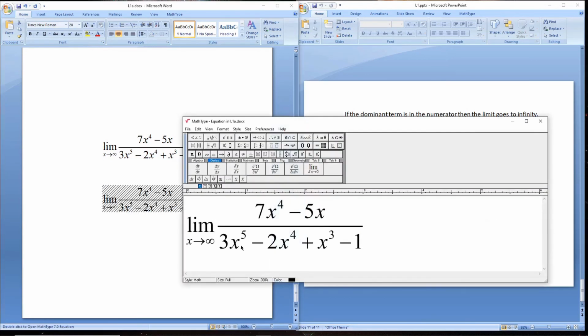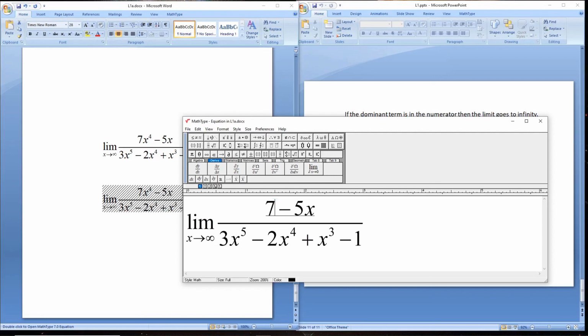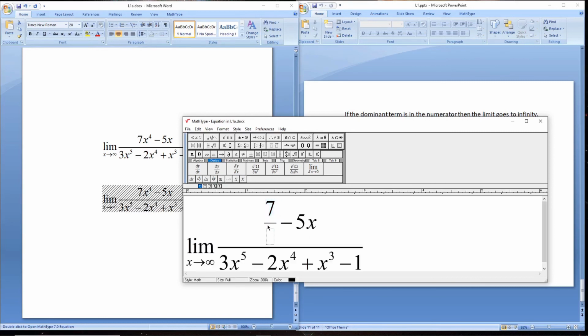And so I just want to mention this quick because I don't want to totally ignore this part here. So the book is saying take the highest power in the denominator, in that case that's x to the 5th, and divide everything by it. So if we divide x to the 4th by x to the 5th, then that's going to mean 7 over x. If we divide x by x to the 5th, that means we'll have an x to the 4th then in the denominator there.